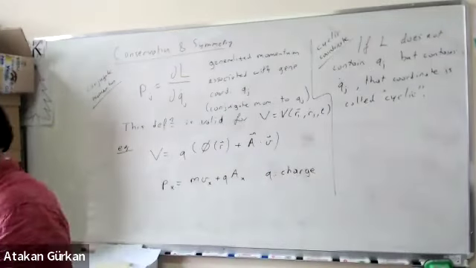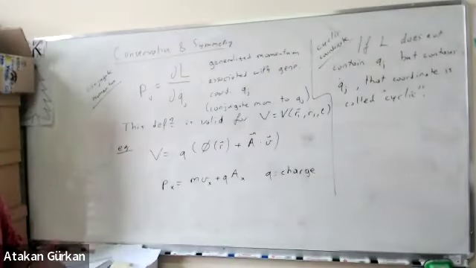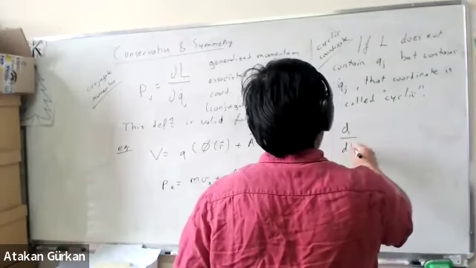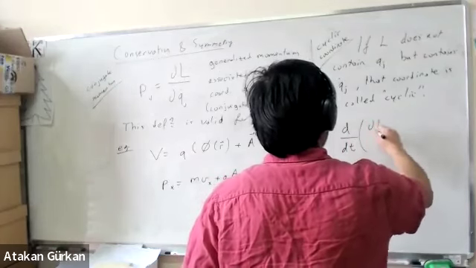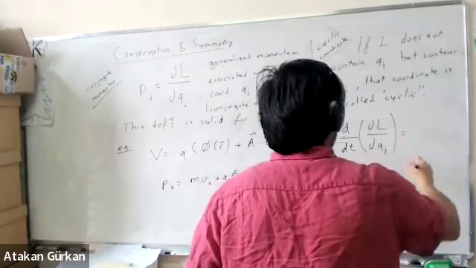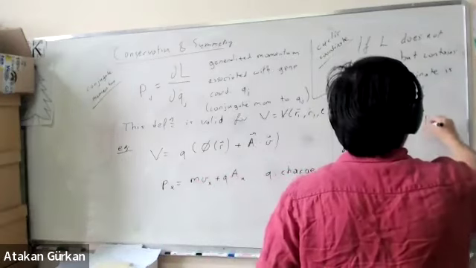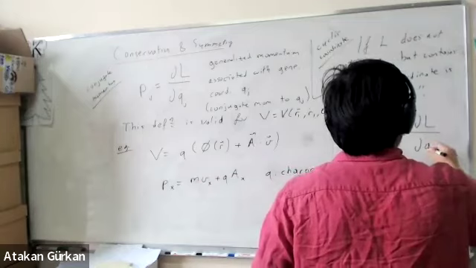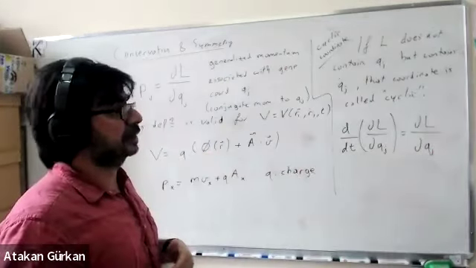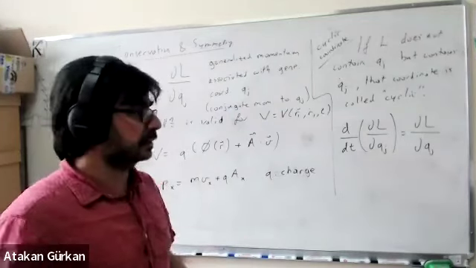The cyclic coordinate. Now, what is the significance of this? Well, if you write down the Lagrange equations, d/dt of del L by del Qj dot is equal to del L by del Qj, if L does not contain Qj. If it doesn't depend on Qj explicitly, then this is 0.